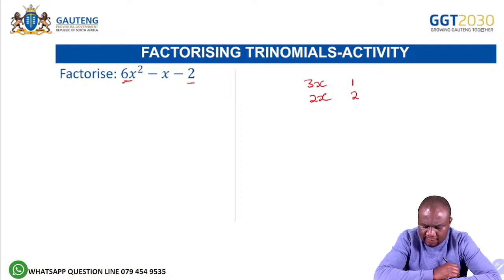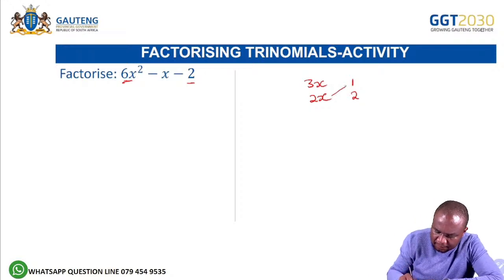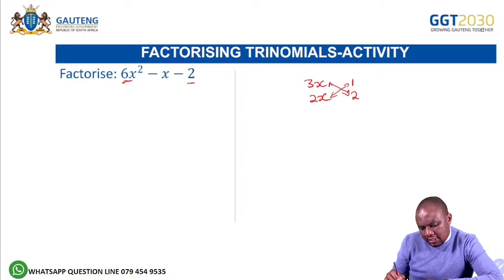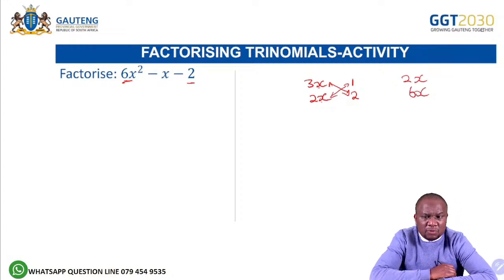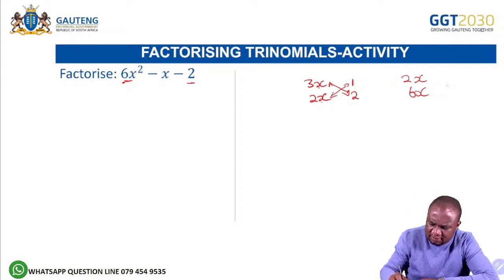And then if you cross multiply here, what do we get? We'll get 2x times 1 is 2x. Then 3x times 2 is 6x. Okay, this one won't work because we need negative 1, so we can't get a difference of 1 with 6x and 2x. So let's leave this one.